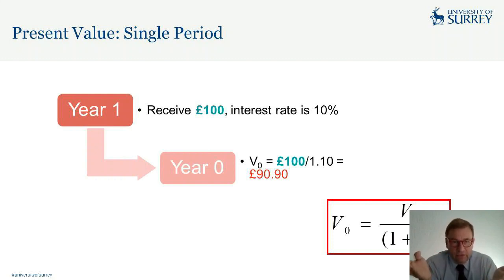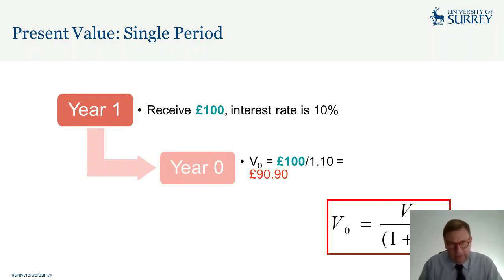Brilliant. So the present value of £100 received in 1 year's time at the interest rate of 10% is 100 divided by 1.1, means £90 and 90 pence. Clear? Hopefully it is clear.